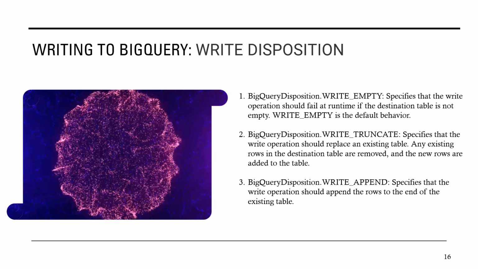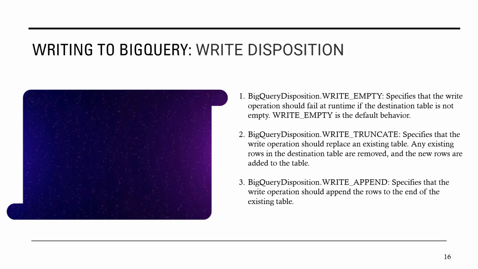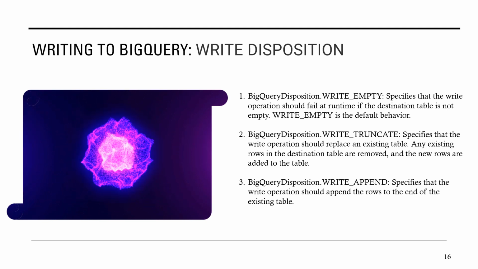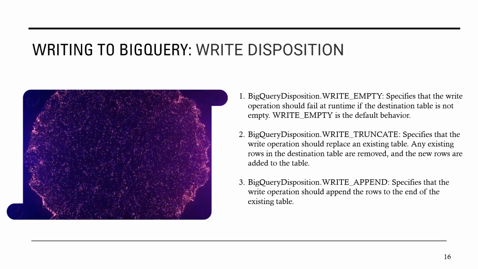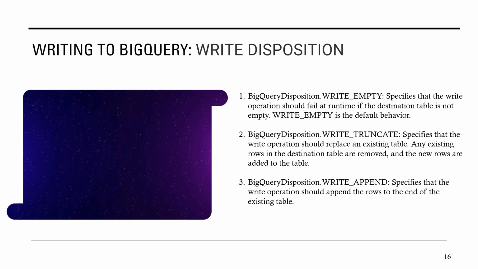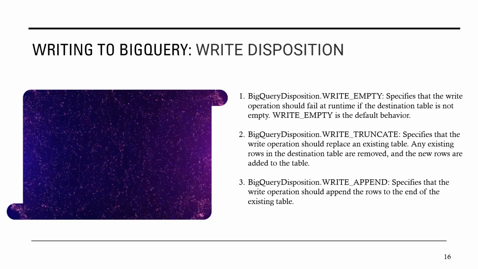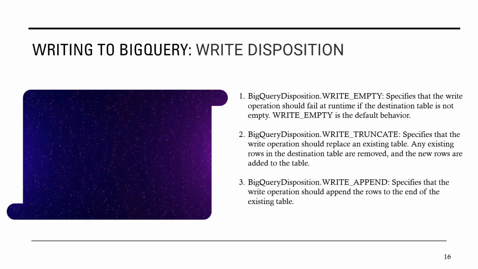The write disposition controls how your BigQuery write operation applies to an existing table. Use the write disposition parameter to specify the write disposition. Valid enum values are BigQueryDisposition.WRITE_EMPTY, which specifies that the write operation should fail at runtime if the destination table is not empty. Write empty is the default behavior.